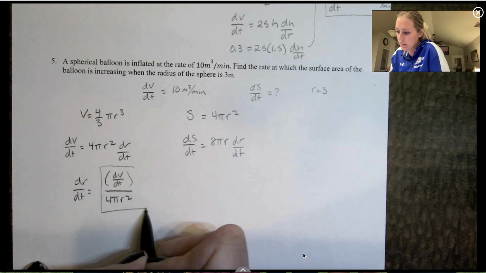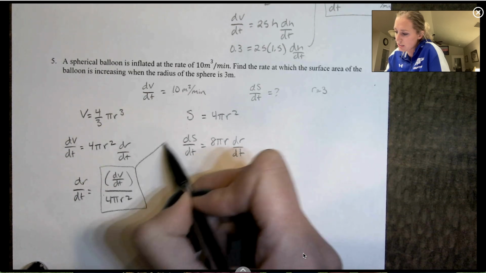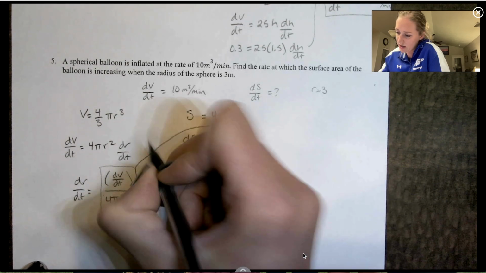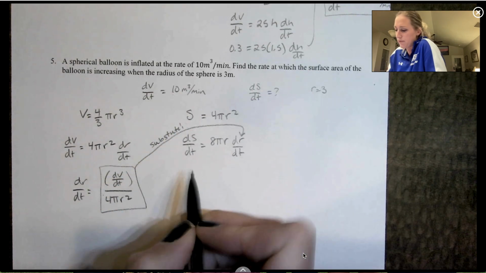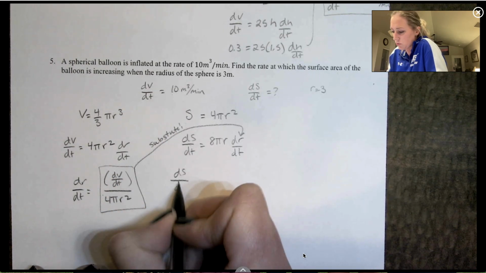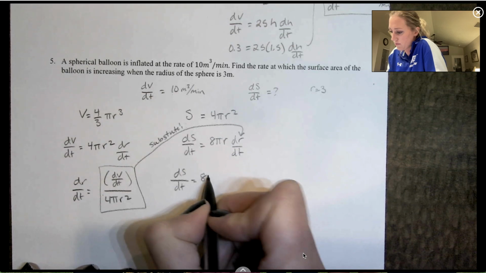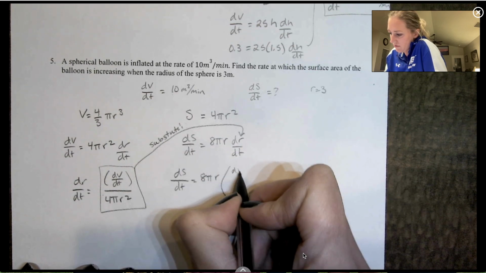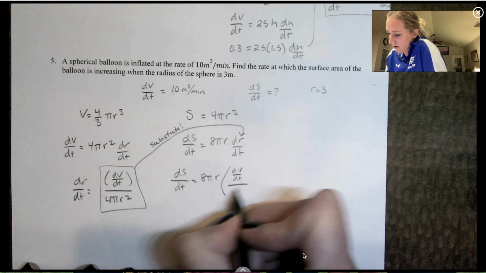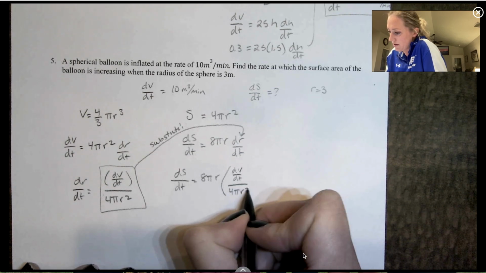So we're going to take this and substitute in right there. Now I have dS/dt, which is what I'm looking for, equals 8 pi r times dV/dt over 4 pi r squared.